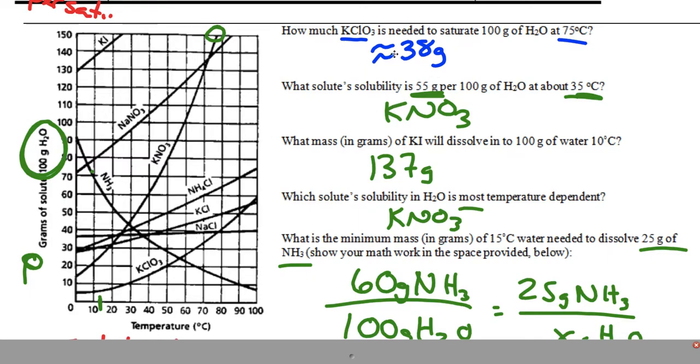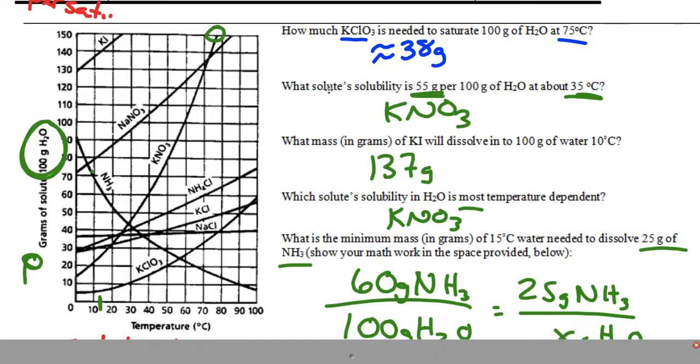So I said it's approximately 38 grams. 38 grams of my KClO3 can dissolve in 100 grams of water at 75 degrees. So you'll notice that as you change temperature, the solubility changes. Some of you might have experienced this in your life, that when you heat something up or something cools down, maybe more or less of it can go into it. So kind of keep an eye on what that looks like.